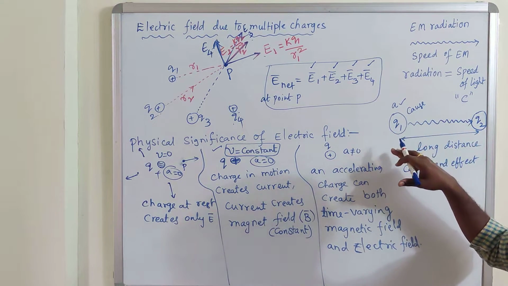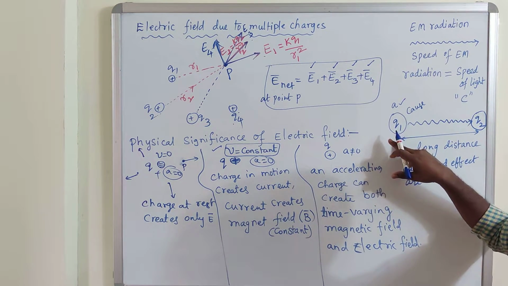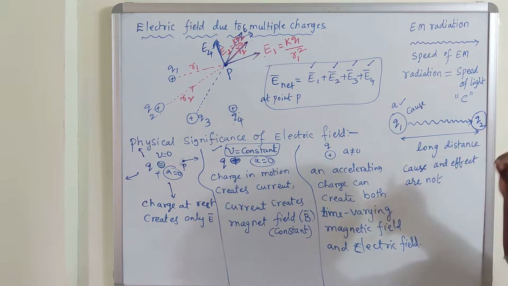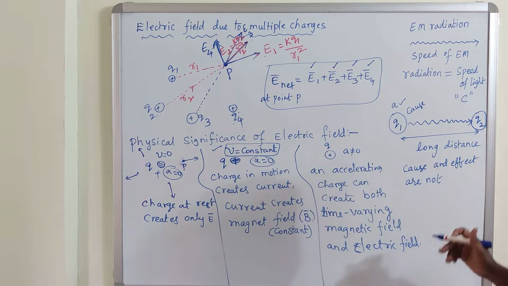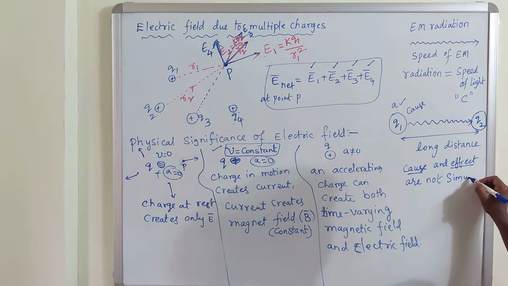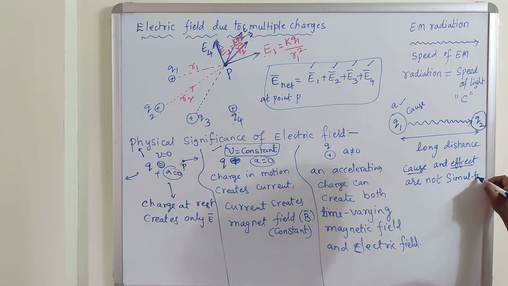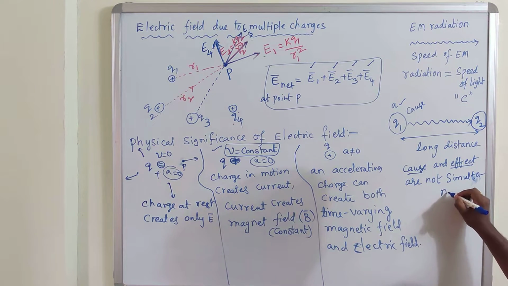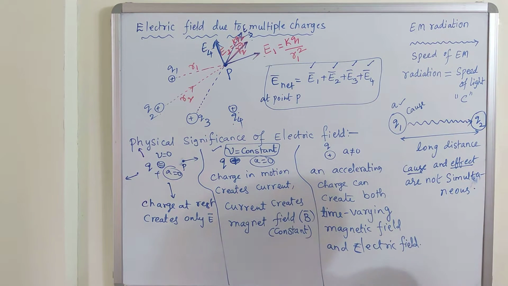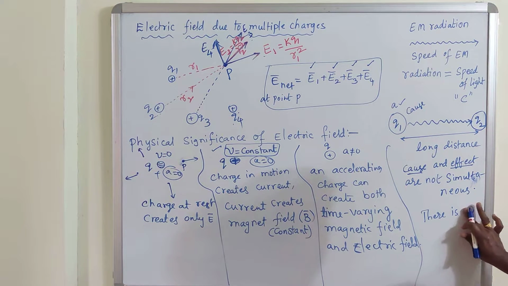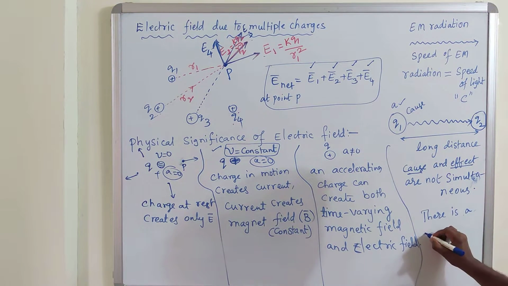There is a time delay between creation of electric field and experience of force on charge q2 due to q1. Okay, cause and effect are not simultaneous. They are not simultaneous. There is a time delay.